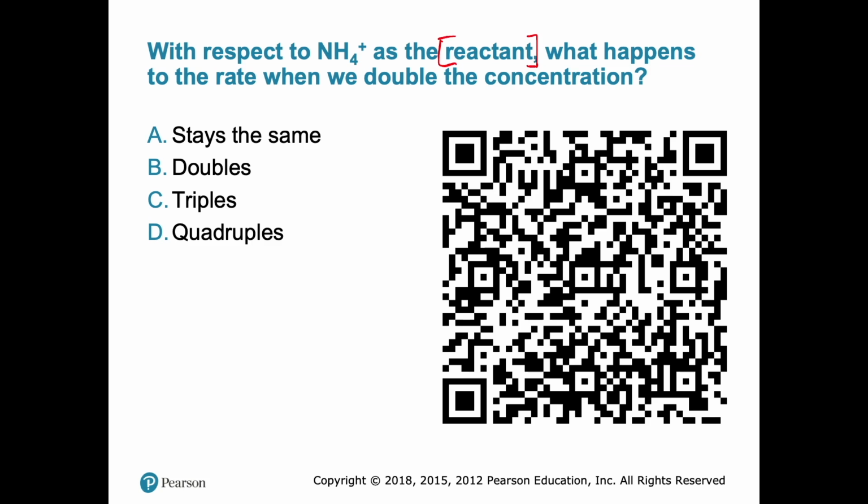Sorry, somehow I messed up that question. With respect to concentration, as the reactant's concentration doubles, what happens to the rate? Oh, I did say that at the bottom there. What happens to the rate when the concentration of ammonia doubles?